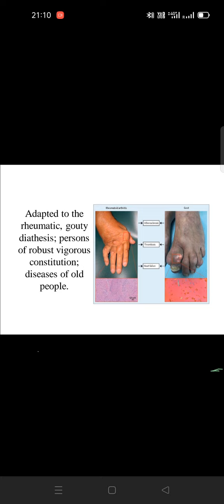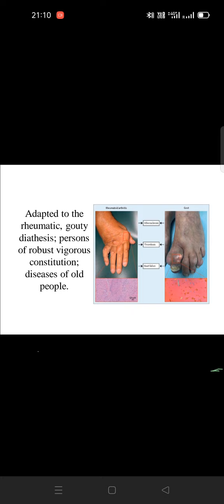That is known as rheumatic, means rheumatism, that is known as arthritis. What do you mean by rheumatism? Rheumatism is a condition where you will find symmetrical pain and stiffness, especially in the morning. These are the characteristic features of rheumatism.